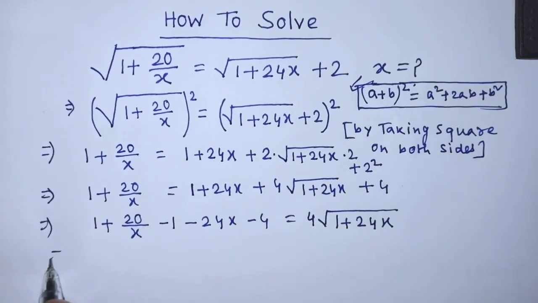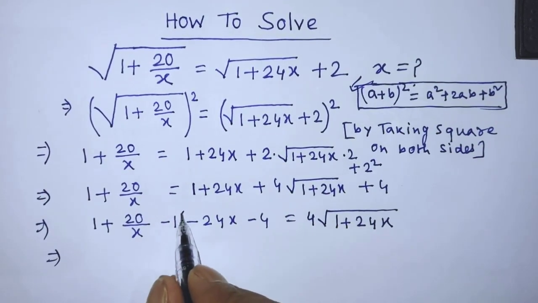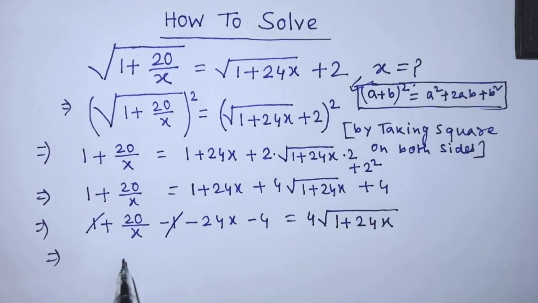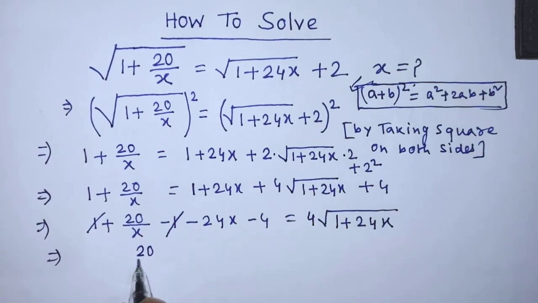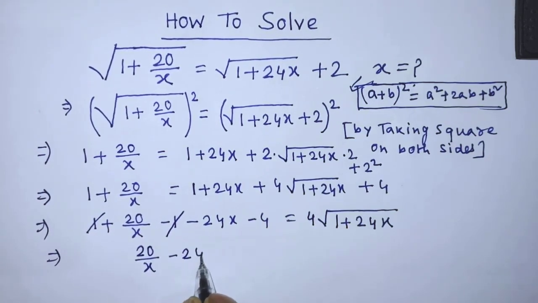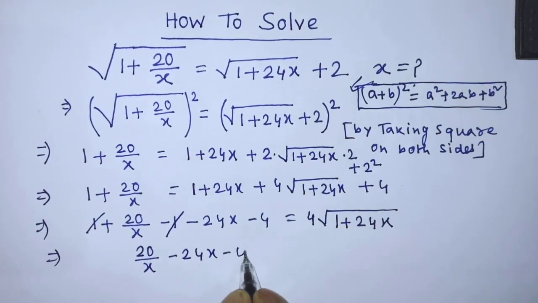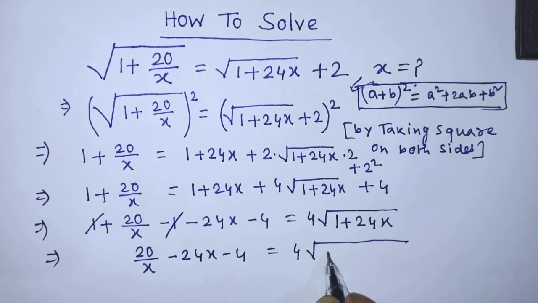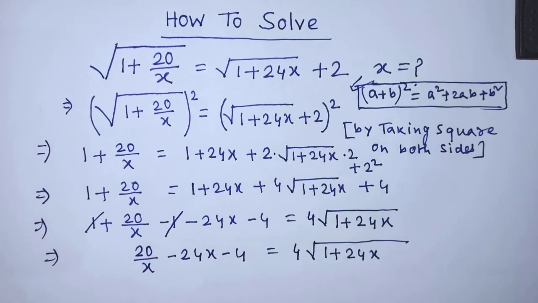After that on the left hand side we can cancel minus 1 and plus 1. Then on the left hand side we get 20/x - 24x - 4 is equal to 4 times square root of (1 + 24x).